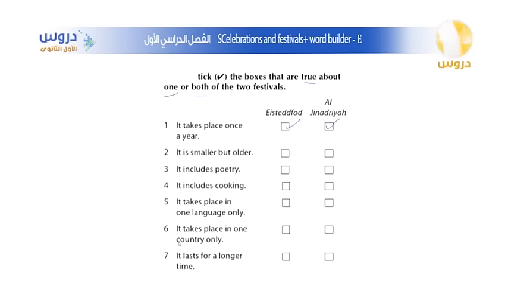What about number three? It includes poetry. Poetry. Both. Alright, that's your answer, Ms. Shahad. What about the rest? Both. Okay. Number four, it includes cooking. Is it for Eisteddfod or for Al-Janaduriya or for both?